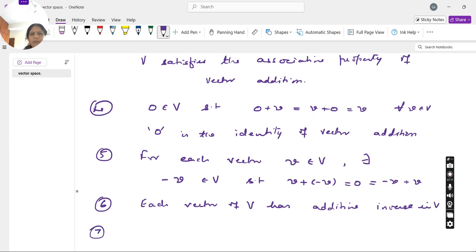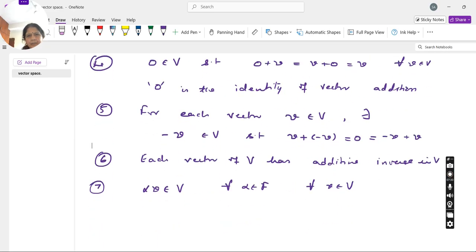Now it is closed under scalar multiplication. That means alpha v belongs to V for all alpha belonging to F, the field, and for all v belonging to V, that is vector. The elements of V are the set of vectors.